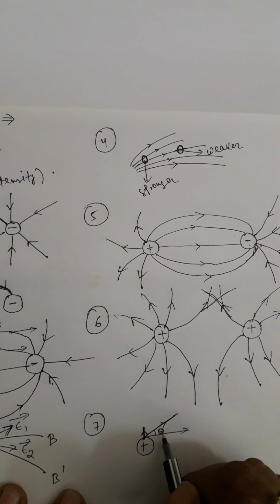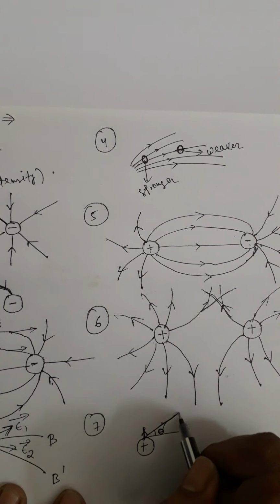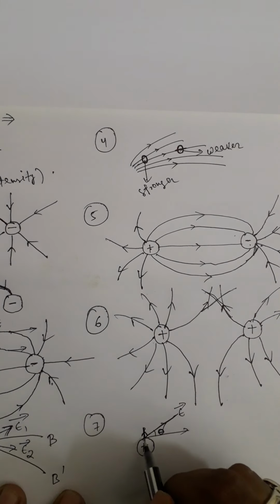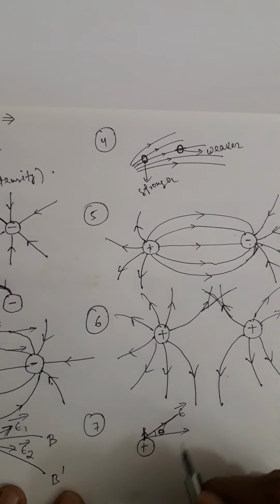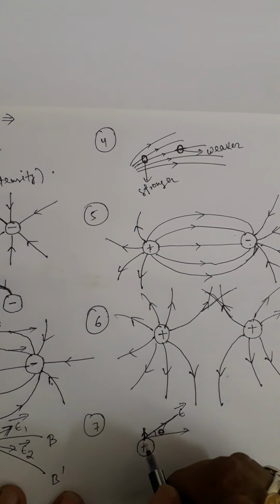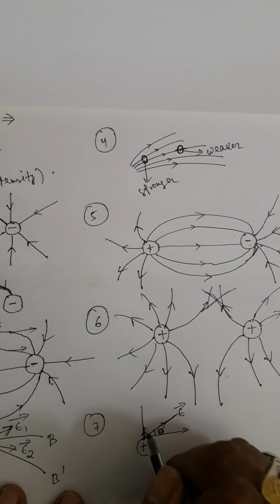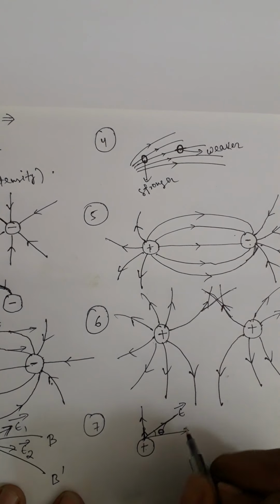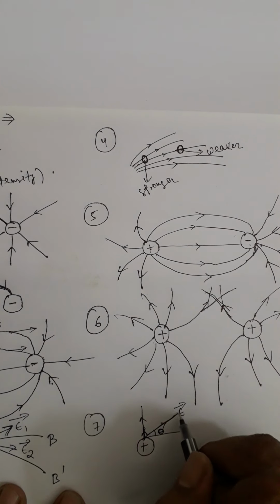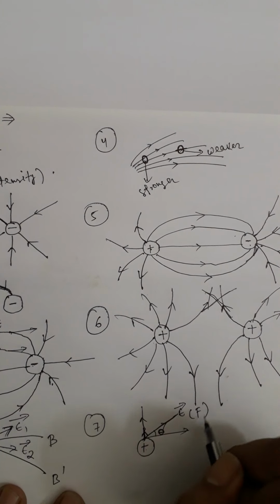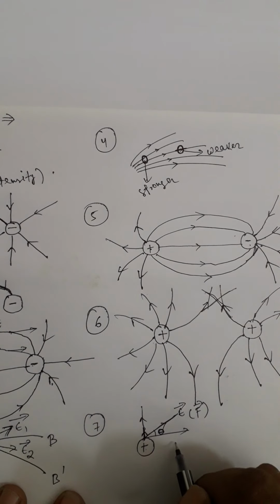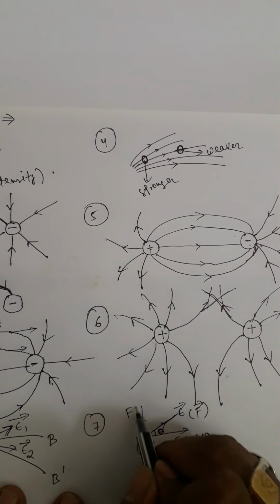Since electric field is a vector quantity, we can resolve it into two components, that is horizontal component and vertical component. Suppose this is F, the direction of force, that is the direction of electric field. So this is F cos theta and this is F sin theta.